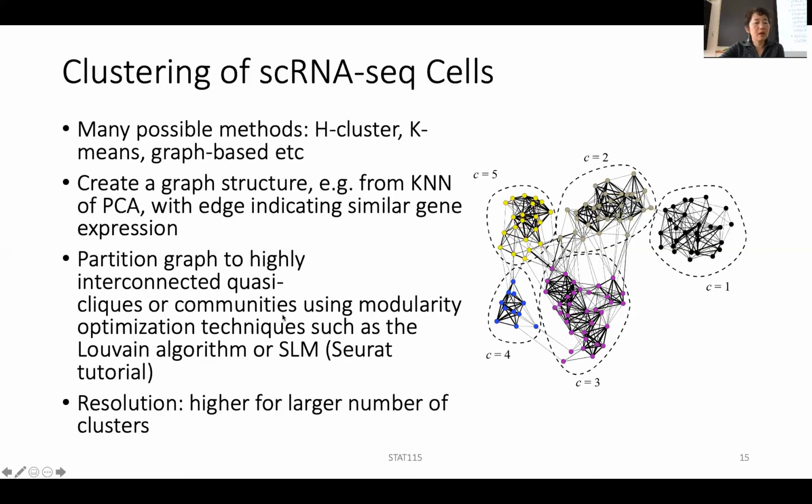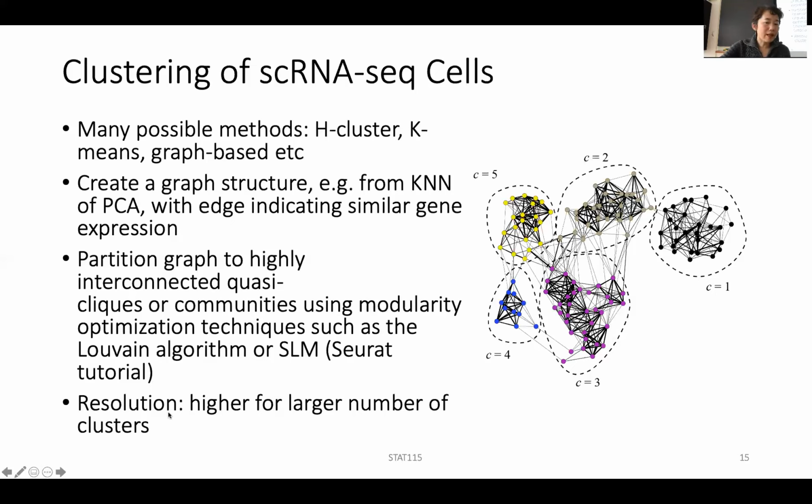There are some standard algorithms. We will not go through that much detail. I would say this area is still really active. Every year we might be dealing with a different algorithm. So the idea is, after you have this connected graph, there are some tools that will automatically identify clusters. It's called modularity optimization techniques that can give you some of these groups.